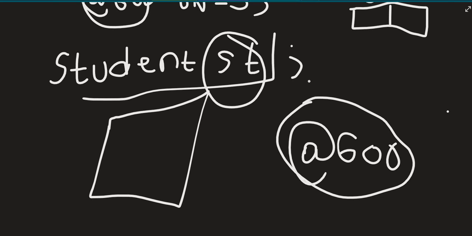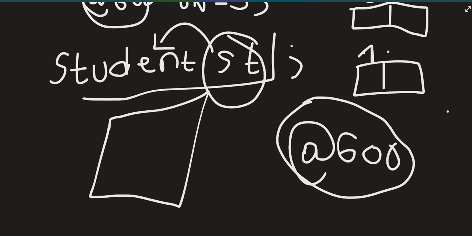So if you want to print, the address should be of the student type only. The address should be of the class type only, right? And this is the structure of the student. It occupies 4 bytes for an int, and the string, I don't know, maybe also 4 bytes.